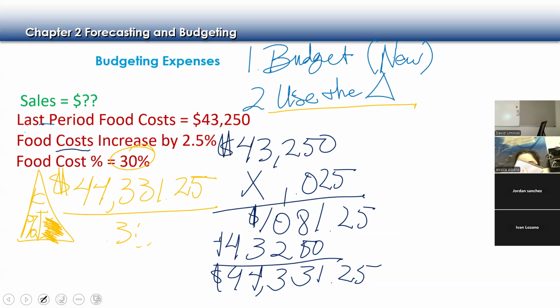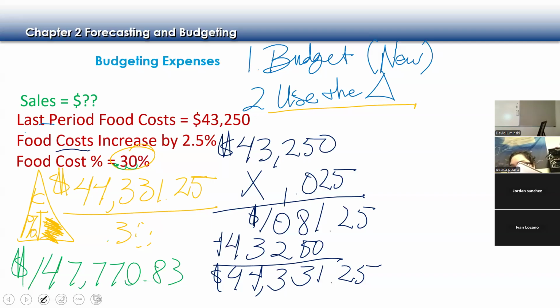Remember that 0 is there. You can type it if you want to. So what is my new sales goal? What is my goal for sales to maintain a 30% food cost with my new budgeted food cost? It is 0.3, because remember, take the 30 and move that decimal place over two. I got 147,770.83 repeating. Yeah, that looks about right.